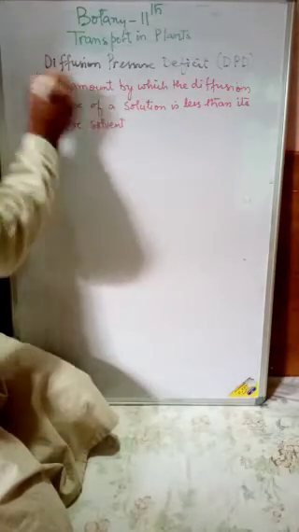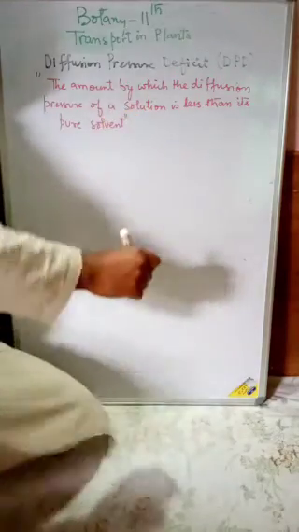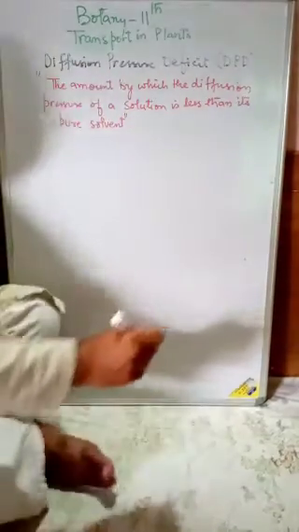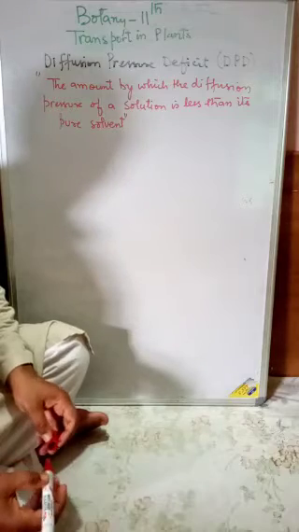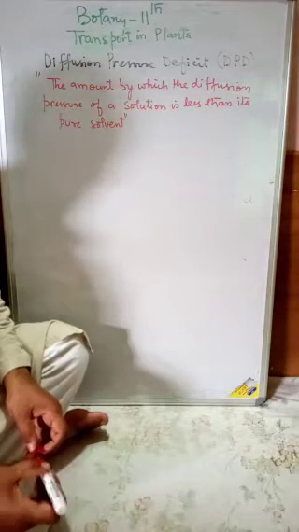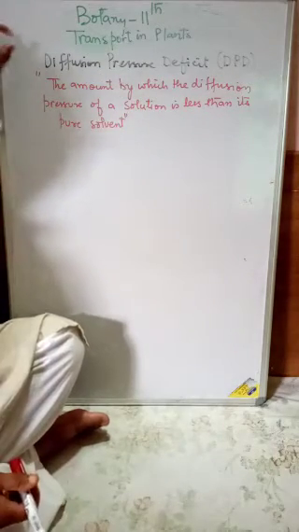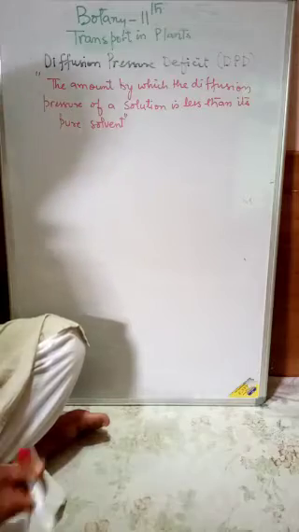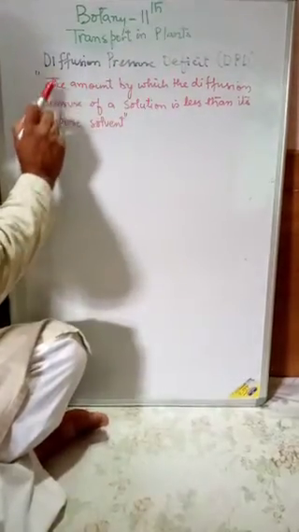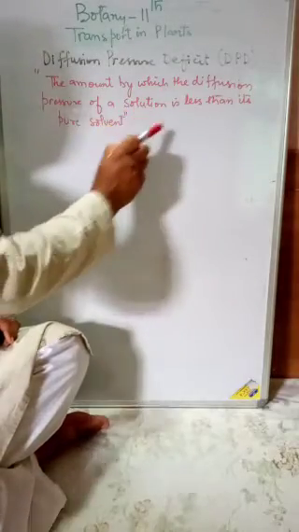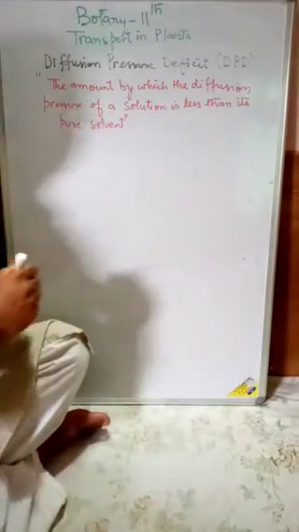So what I have written is: the amount by which the diffusion pressure of a solution is less than its pure solvent. This diffusion pressure deficit is defined as the amount by which the diffusion pressure of a solution is less than its pure solvent.